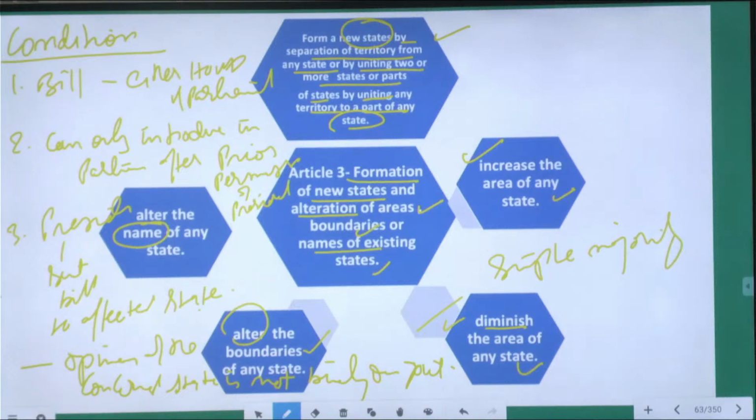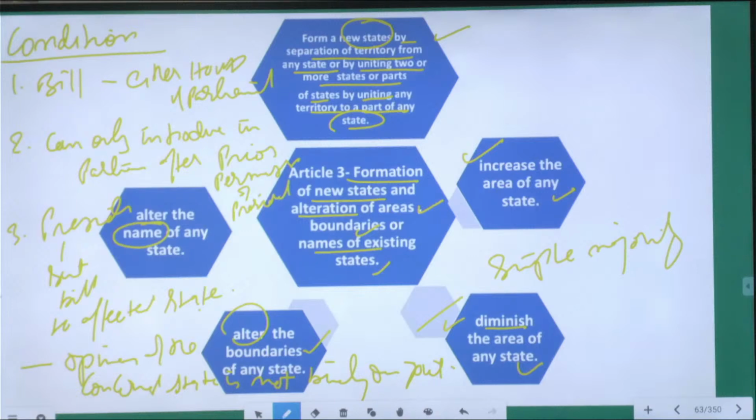What is your question? No. The state government can change the name of its district, but it cannot change the state name. That can only be changed by the parliament.